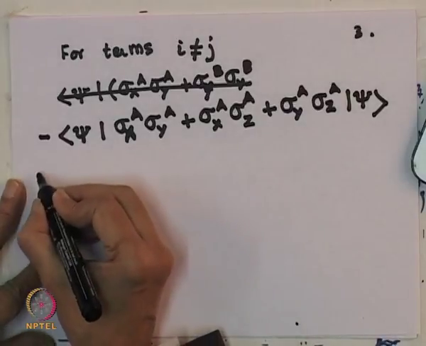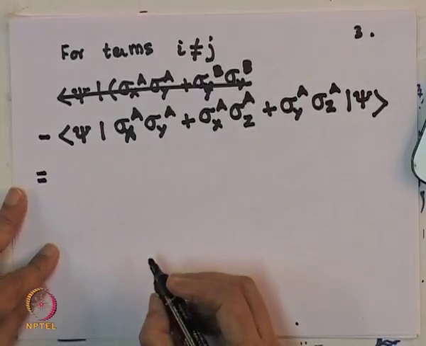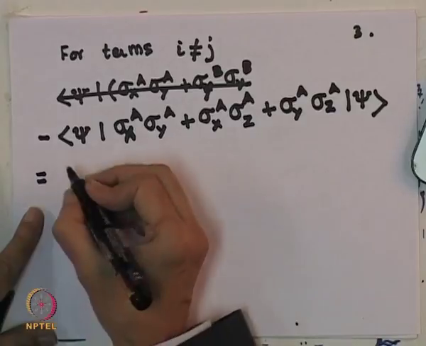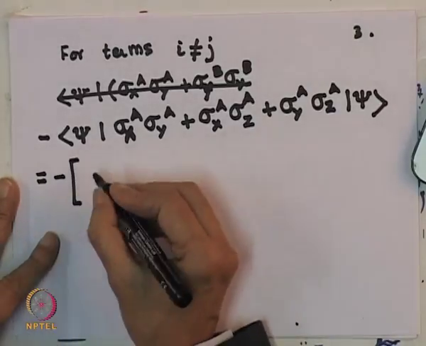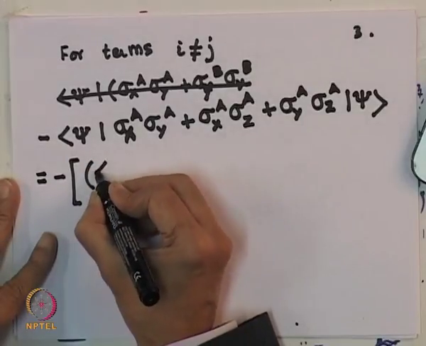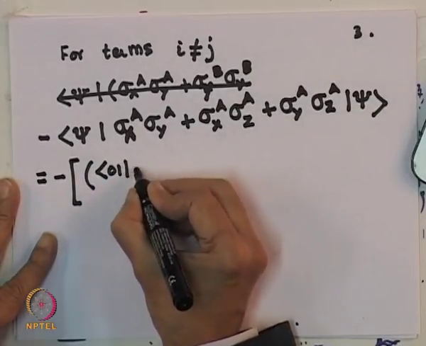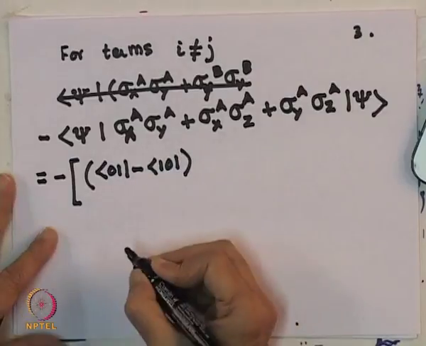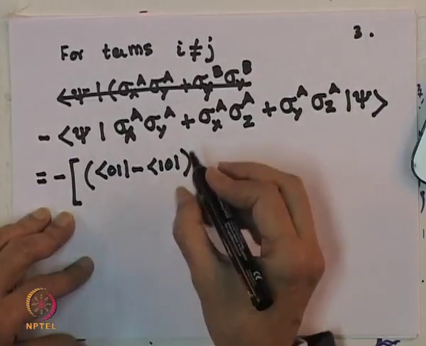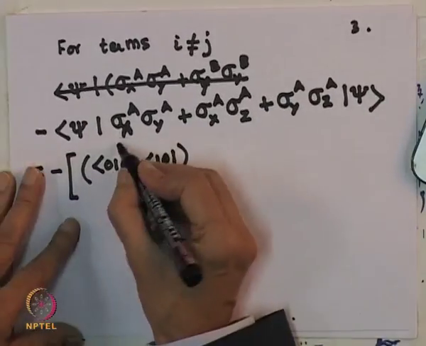Now let us look at this calculation, not all that time consuming. So this is minus, and I had 0 1 minus 1 0, this is the bra, and so let us take this term.